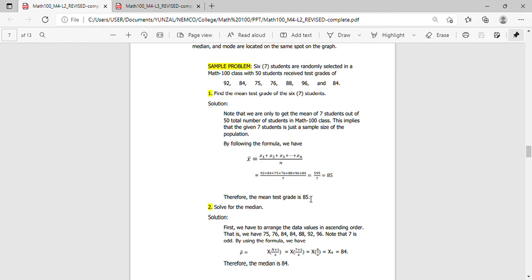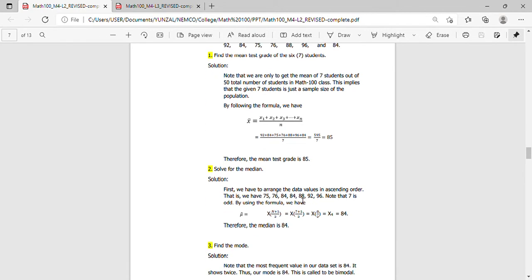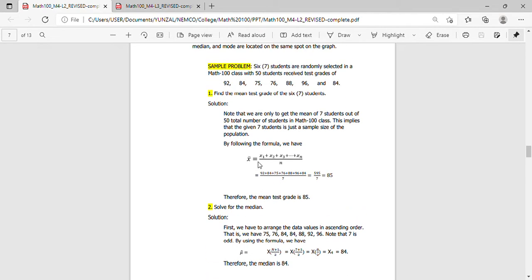Second, we solve for the median. As we said earlier, we first have to arrange the data values in ascending order. From lowest to highest: 75, 76, 84, 84, and then 92 and 96. Note that the total count is 7, which is odd.